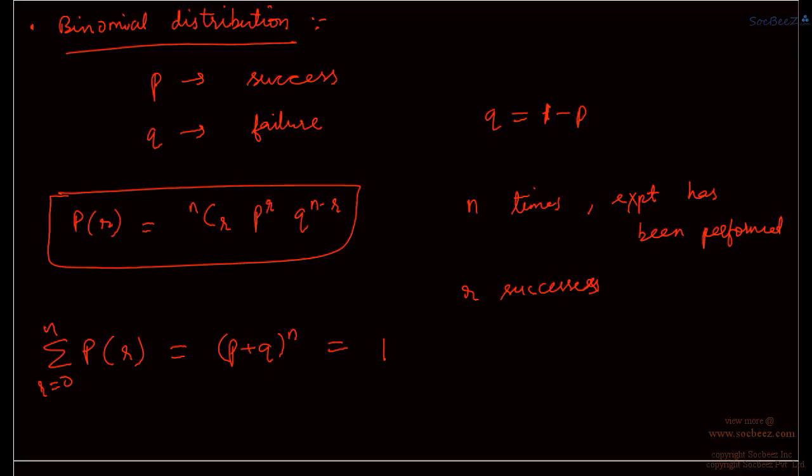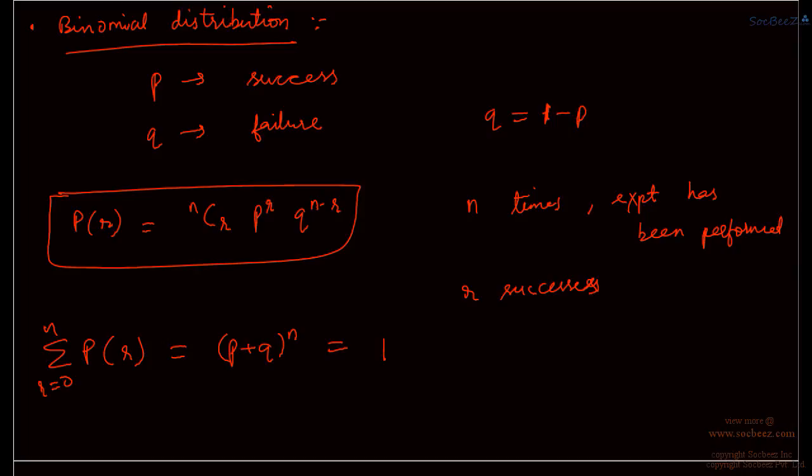Suppose I repeat my experiment n number of times, the probability of all the possible cases, say tossing a coin 100 times, from the probability of 0 heads, 1 head, 2 heads, 3 heads, 4 heads, 10 heads, 15 heads, 20 heads, till 95 heads, 96 heads, 98 heads, 99 heads, 100 heads. If I sum all these probabilities, then I should get 1.